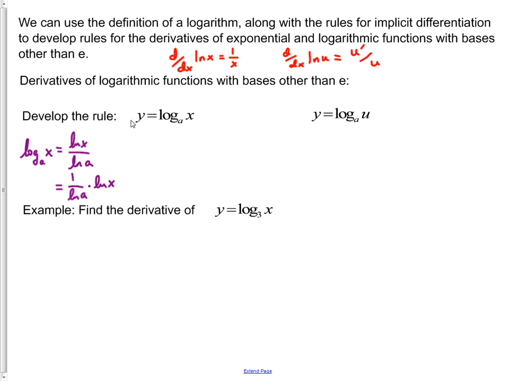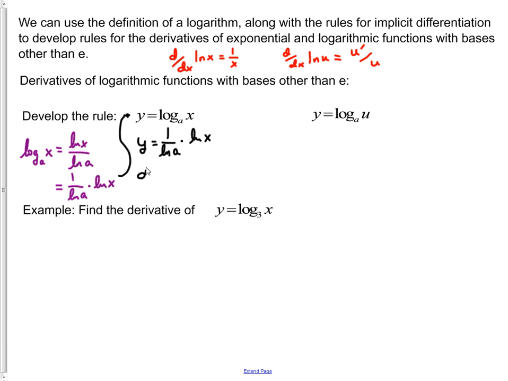Check this out. y equals the logarithm base a of x could be rewritten as a product, right? So we're going to rewrite this as y is the same thing as 1 over the natural logarithm of the base a times the natural logarithm of x, by the change of base theorem.